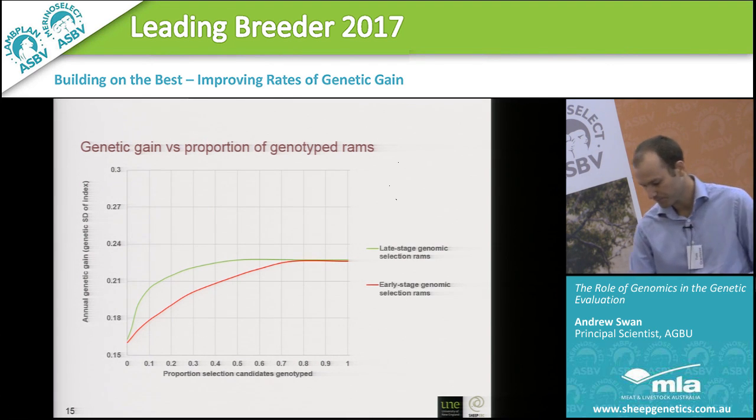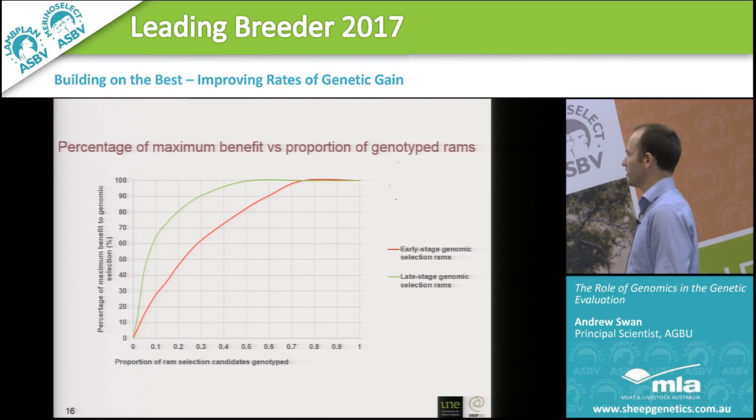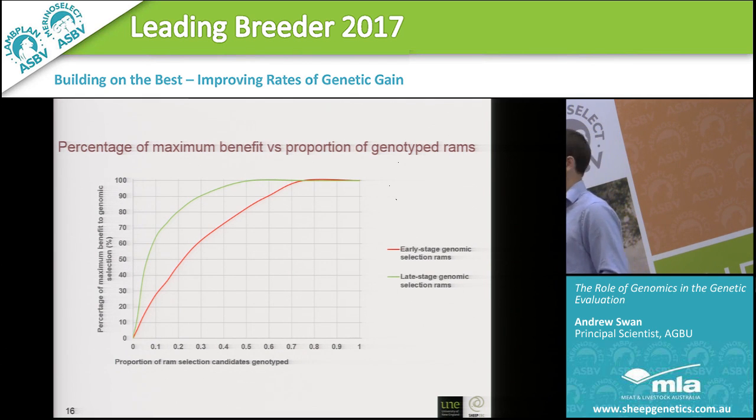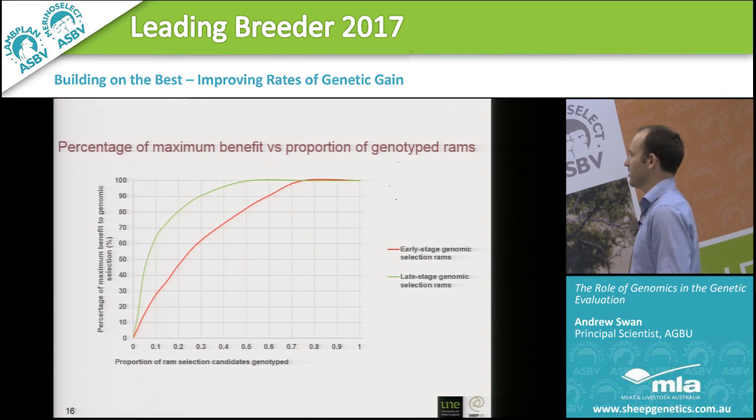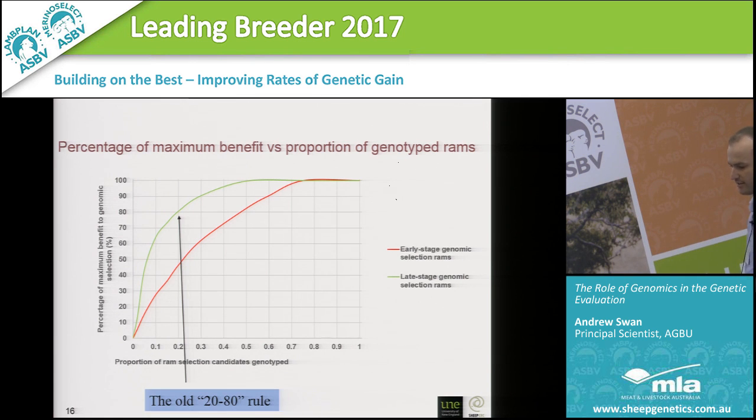So if we have a look at the percentage of maximum benefit, we can see that if you test 100% of your selection candidates, you get 100% of the benefit. If you test 0, you get 0 of it. So what we can see is when we genomic test the yearlings, we can see this old 20-80 rule.